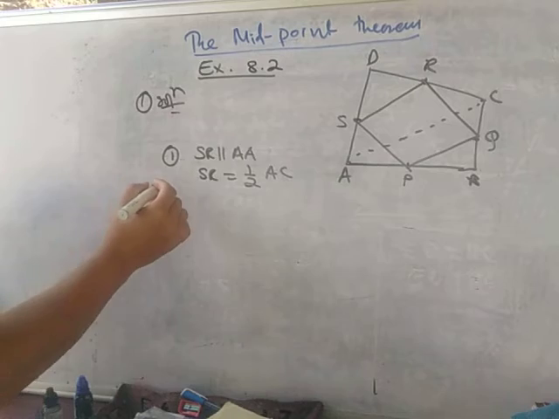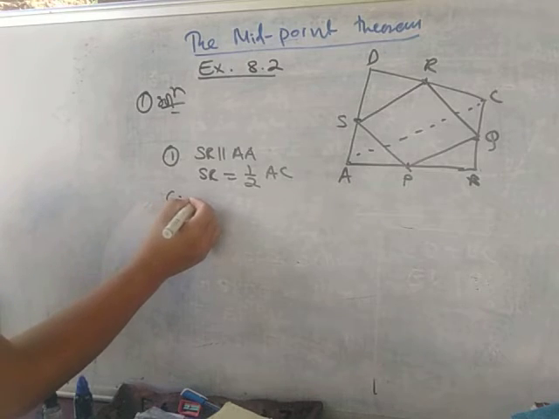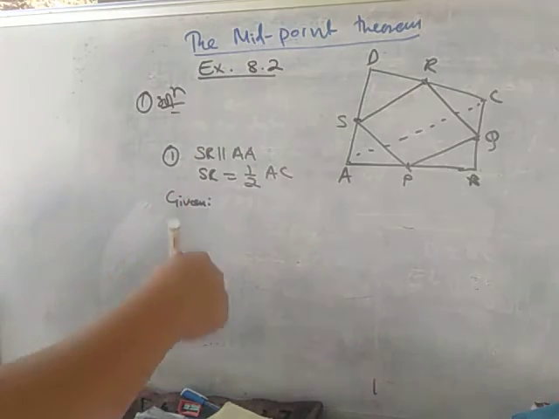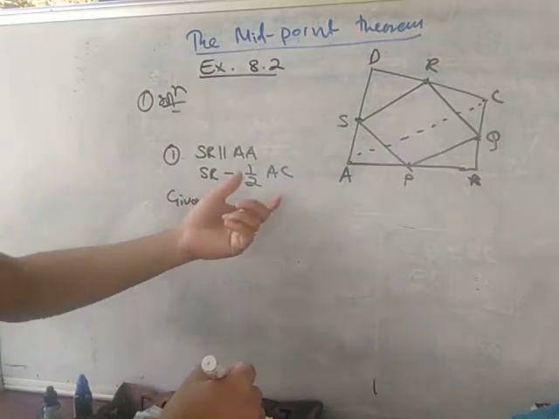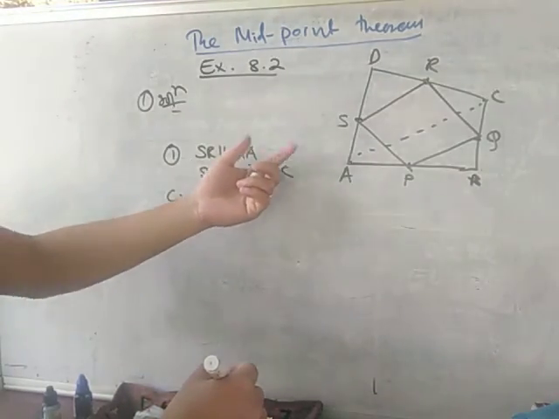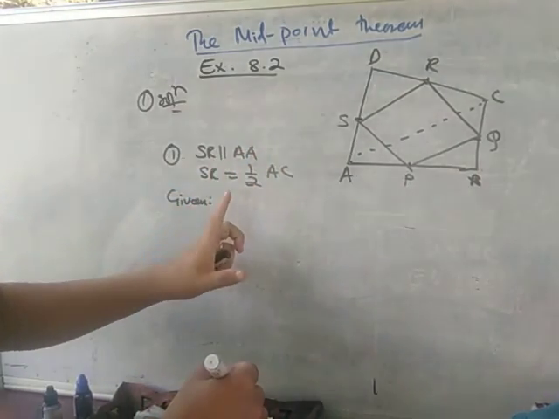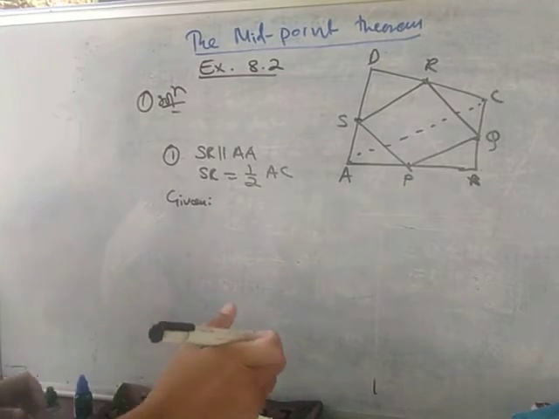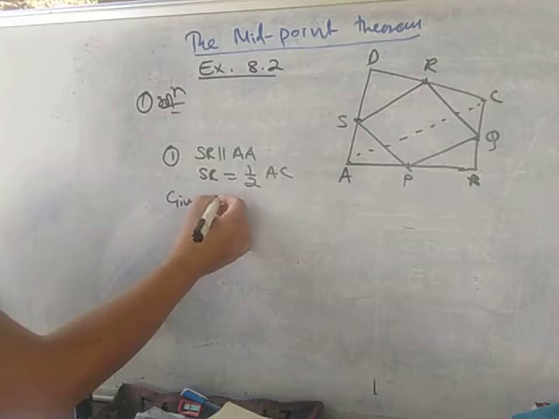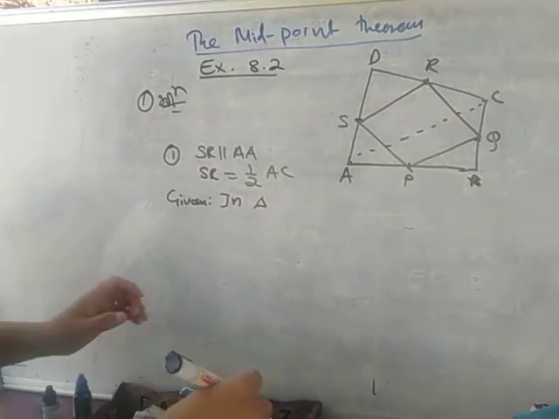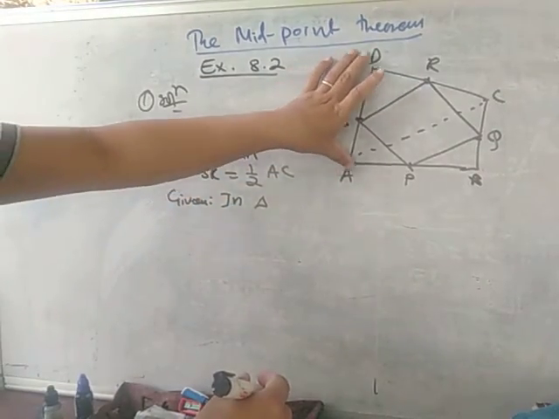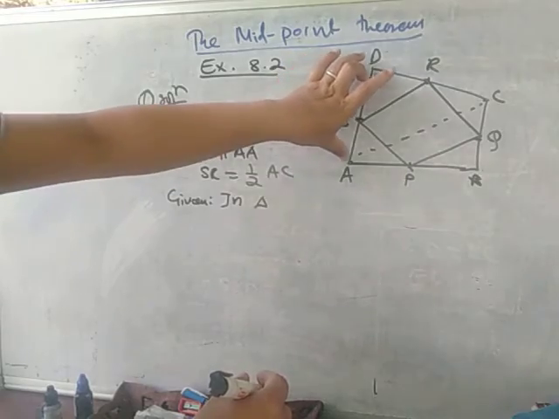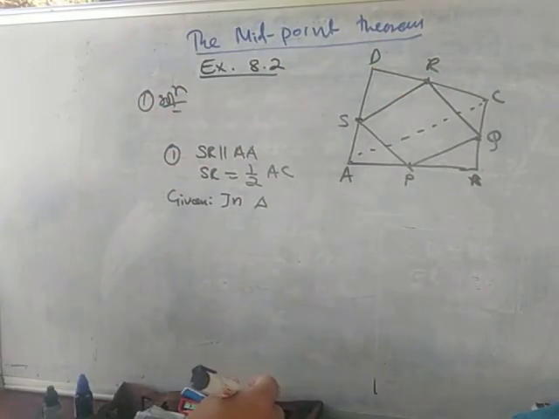Just write down given: ABCD is a quadrilateral, and P, Q, R, S are midpoints. This AC is a diagonal. So first write down, in the triangle where SR is, so take that triangle.